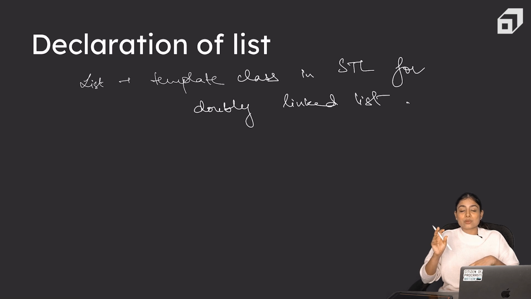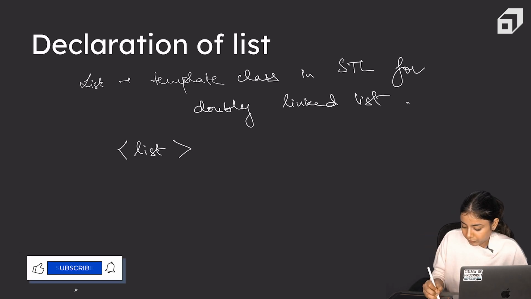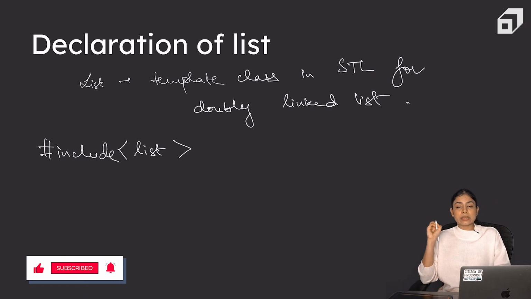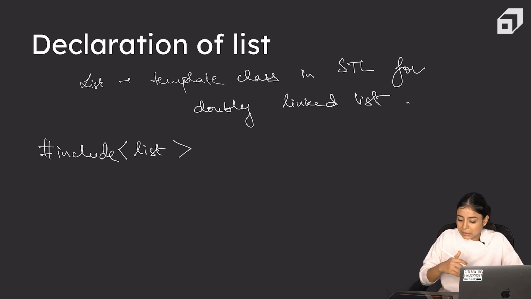Now if I want to use this list in my code using STL, what do I do? First of all, I need to include the list header file. Hashtag include list. This will allow me to create a list and also use all of the functions on this list that are built in.